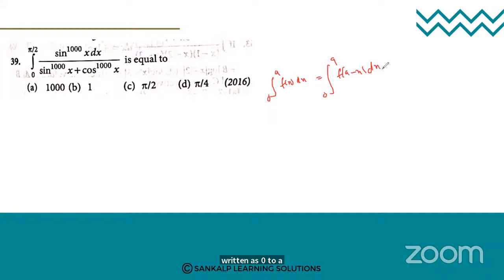Here the value of a is pi by 2, so we need to replace x with pi by 2 minus x.